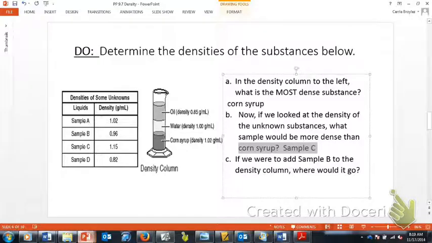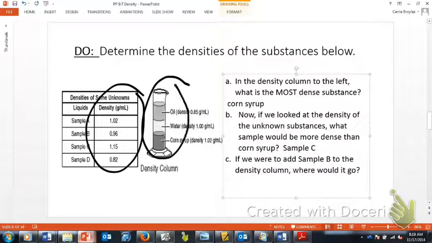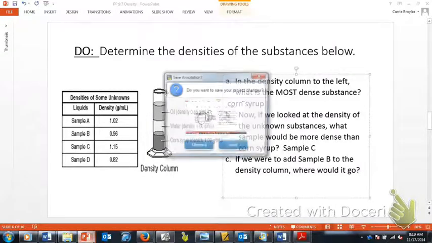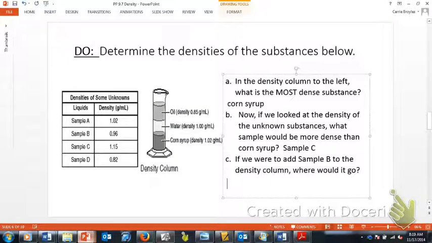So we're looking to see where 0.96 is going to fit in on this density column. If we look, oil is at 0.85, water is 1.0. So the answer here is going to be between oil and water.